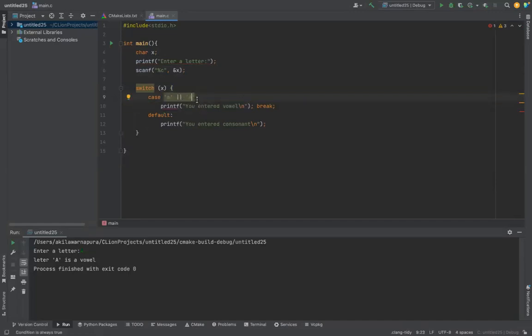Here you are using A or A. Here A means, actually, it is true.